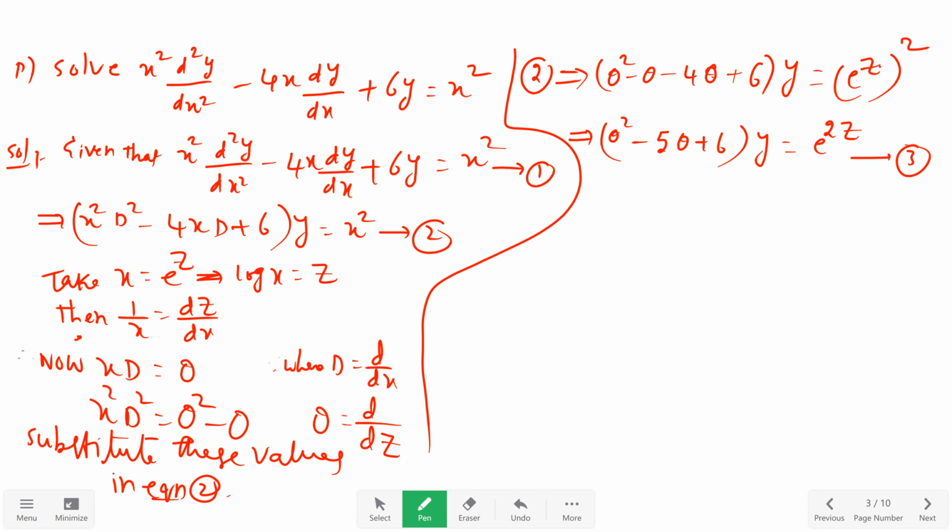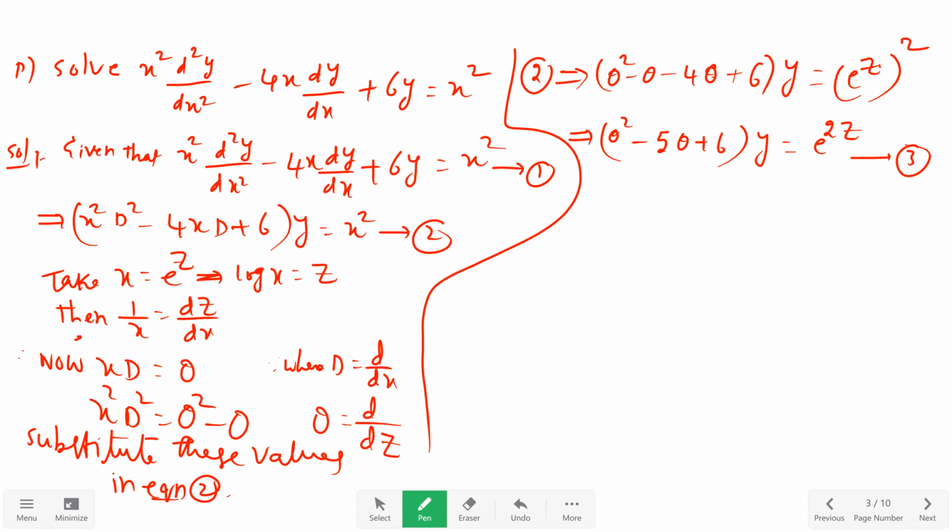Here equation 3 is a second order linear differential equation with constant coefficients. It can be solved by the methods discussed in the previous topic, that is second and higher order linear differential equations with constant coefficients.